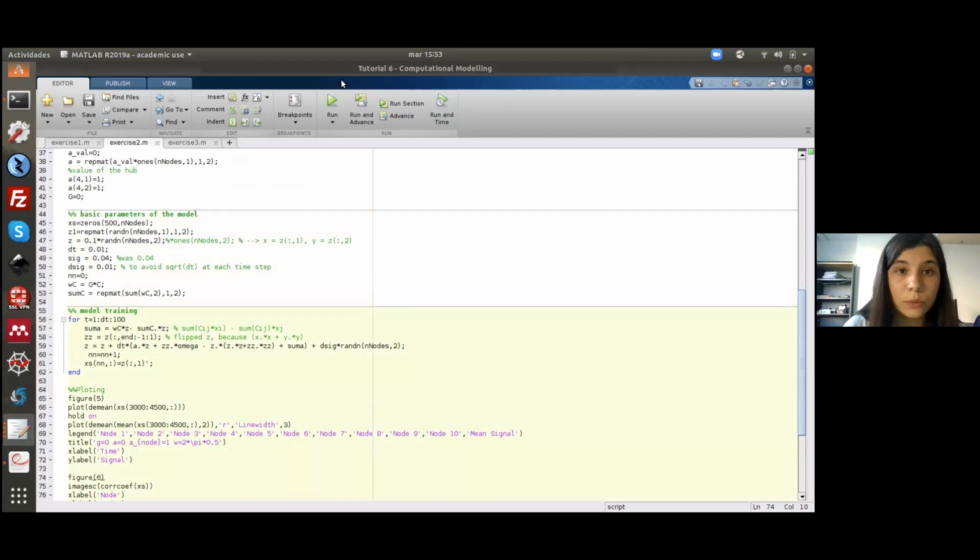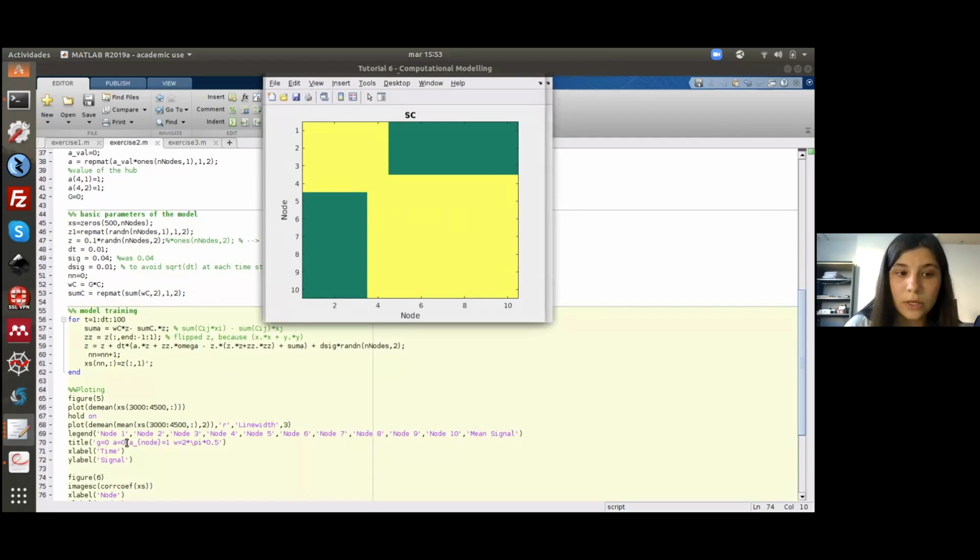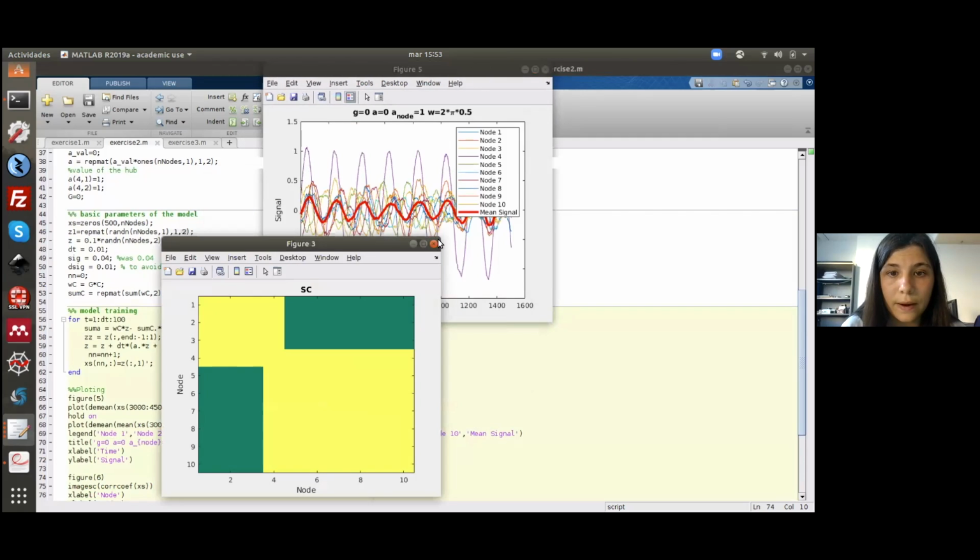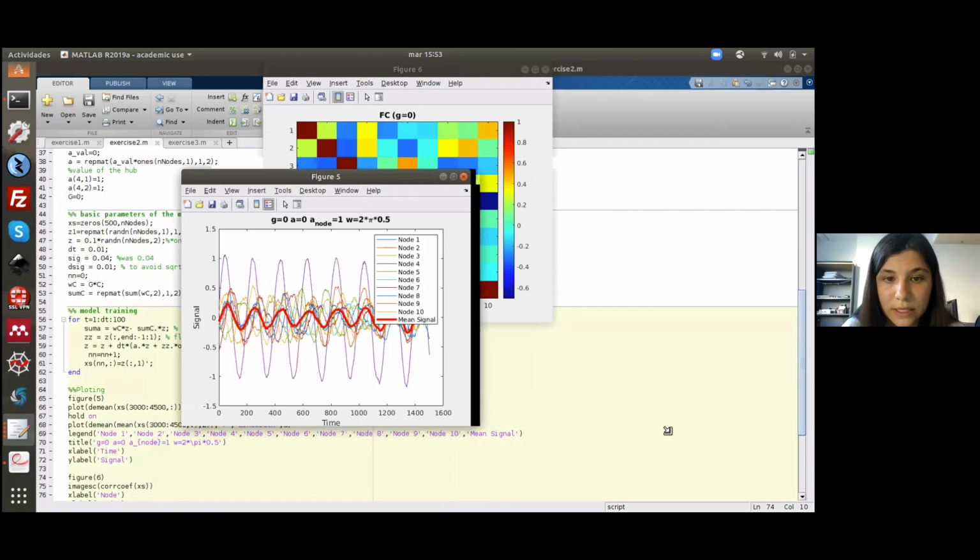So in case that we run like this, in this case we have the G equals 0 and all the A's equal 0, only the dynamics of the hub are different. So you can see here the signals, or the dynamics that we can simulate.